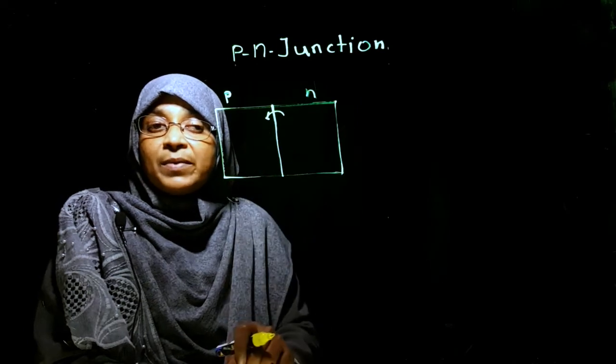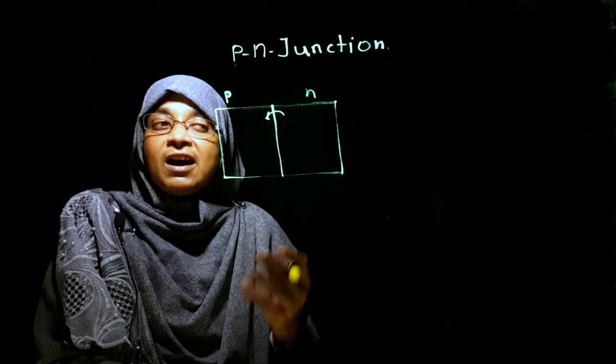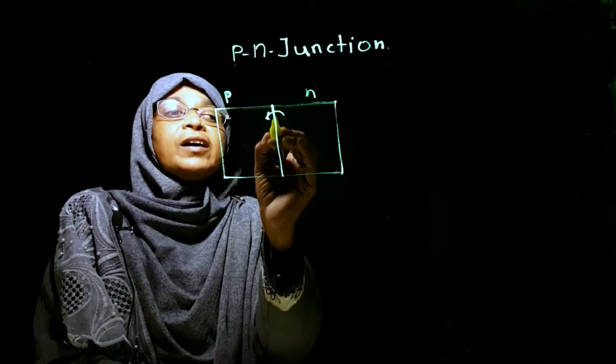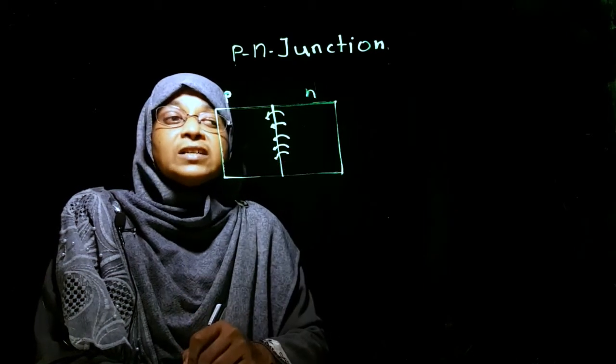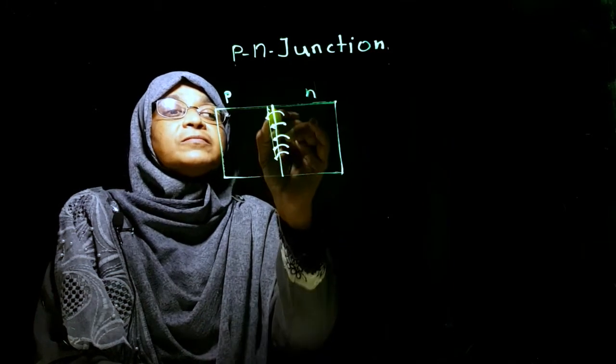So what will happen to the charge? The charges cancel, and it becomes neutral. So it forms a charge-divided area at this junction.